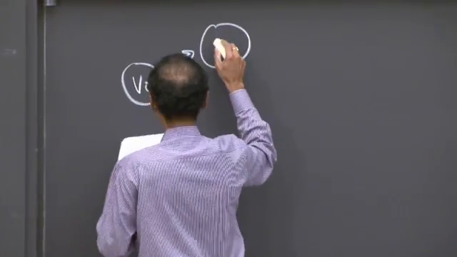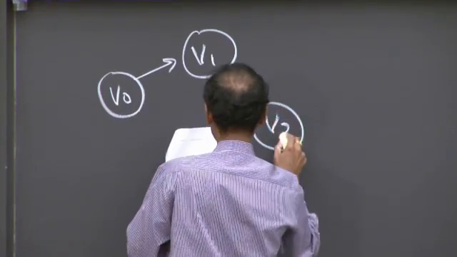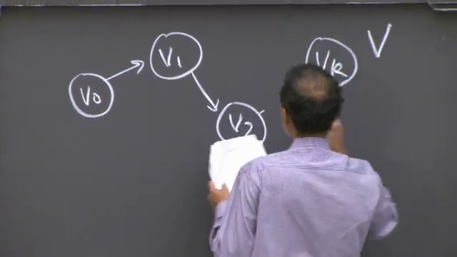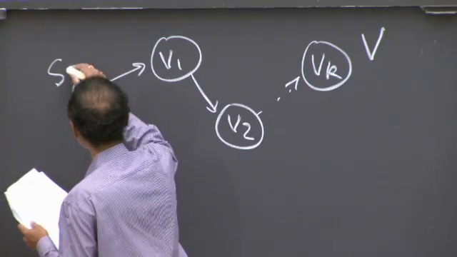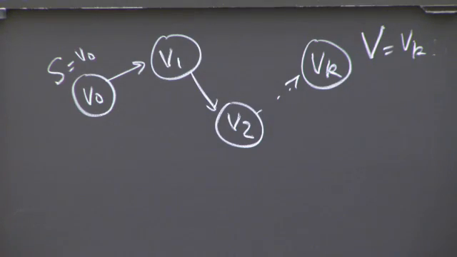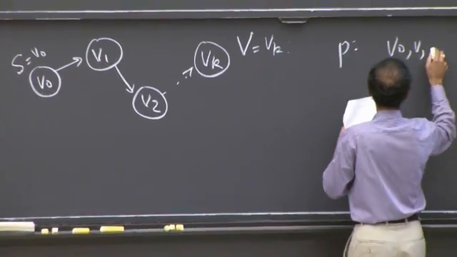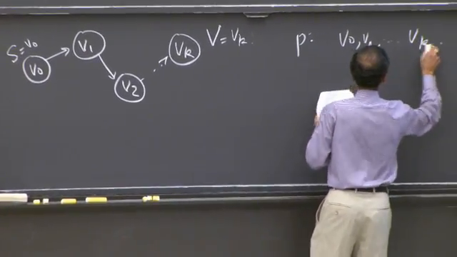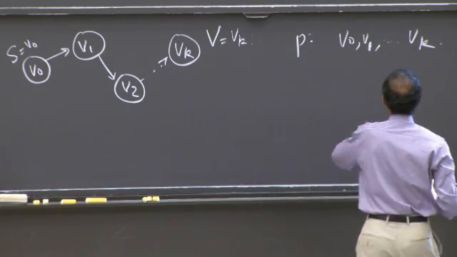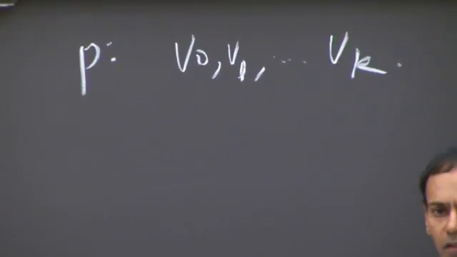You have v0, v1, v2, etc., all the way to vk. This is my vertex v, this is s. So s equals v0, v equals vk. I'm going to have a path P that is v0, v1, all the way to vk. Okay? How big is k in the worst case? How big is k?